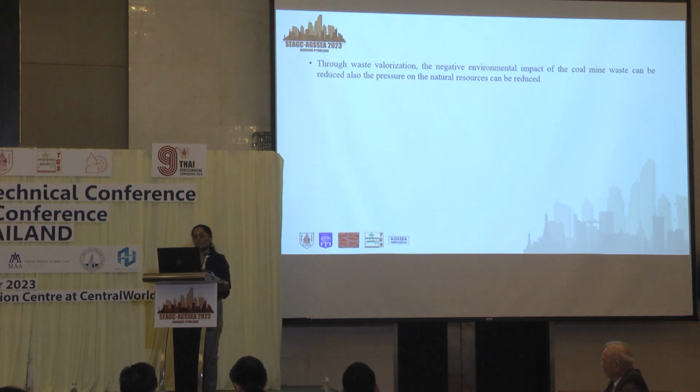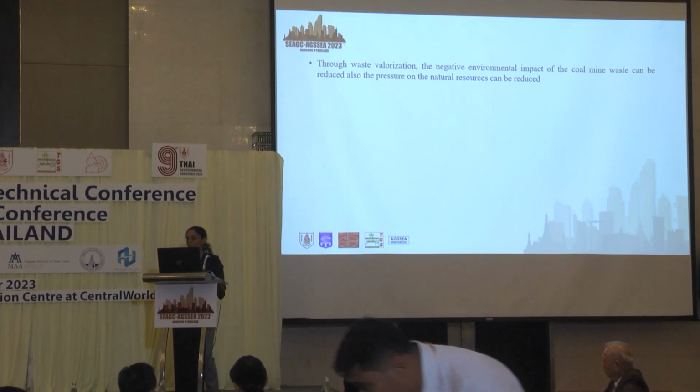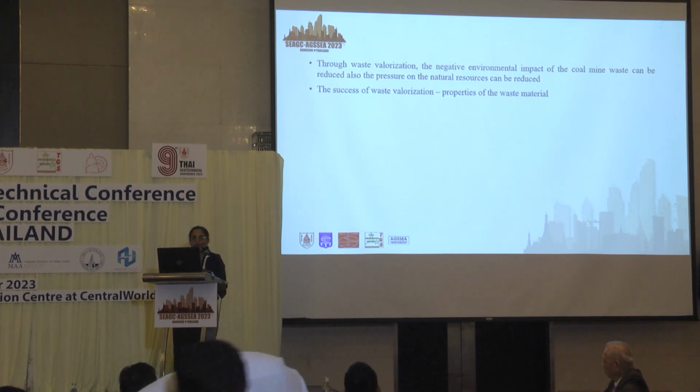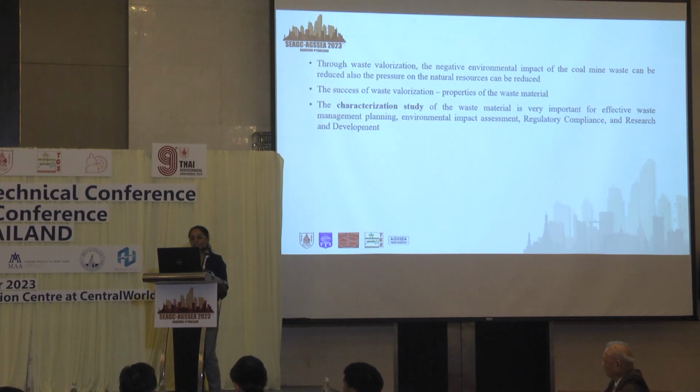So through waste valorization, the negative environmental impact of the coal mine waste can be reduced. Also, we can say that the pressure on the natural resources can be reduced. For the success of any valorization process, we have to find out the properties of the waste material before going for the valorization. So the success of valorization mainly depends on the characteristic study of the waste.